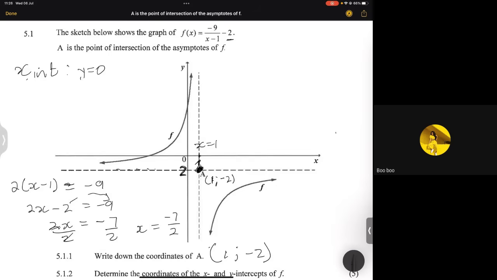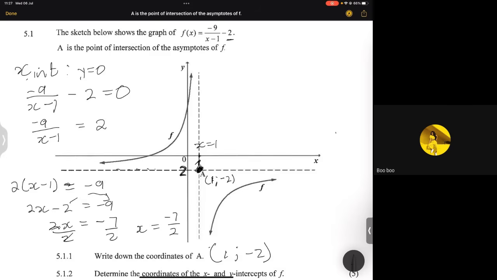So what we said was at the x-intercept, we know y is equal to 0. So we started with minus 9 over x minus 1, right? Minus 2, which was equal to 0. And then all we did was to take minus 9 over x minus 1 equal to 2.